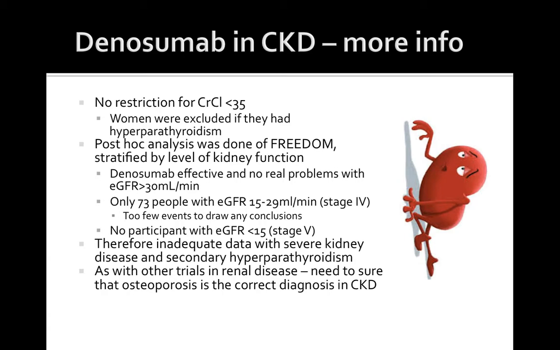And no one had a GFR of less than 15. So you're really going to uncharted territory with that. So there's really inadequate data with severe kidney disease and secondary hyperparathyroidism about what you're going to be doing with denosumab. And as with other trials in renal disease, you really need to make sure that osteoporosis is the correct diagnosis, because often hyperparathyroidism in renal bone disease has a stronger part to play.